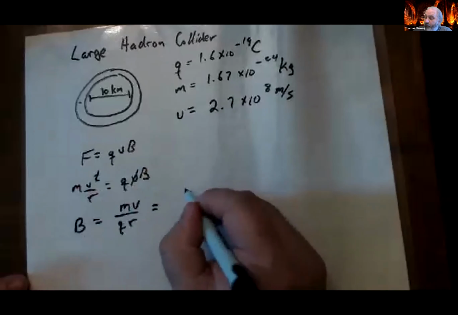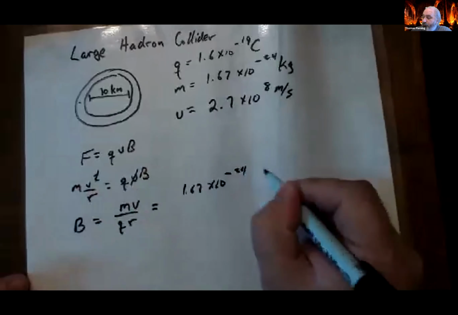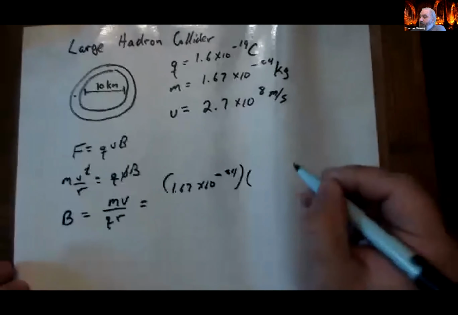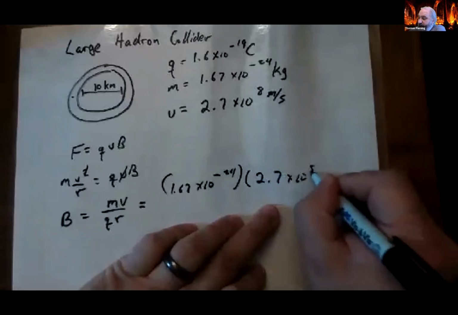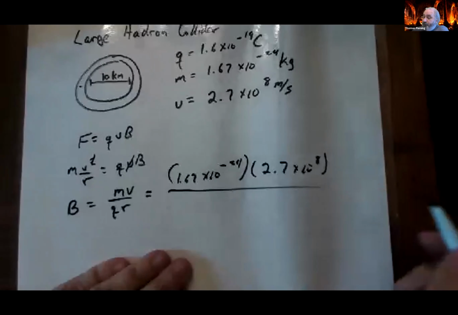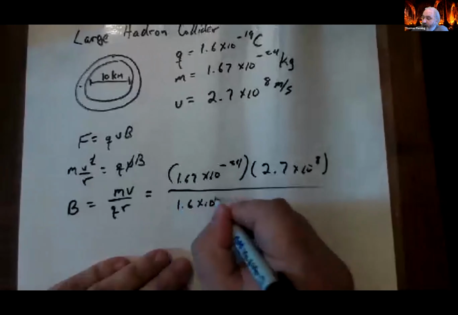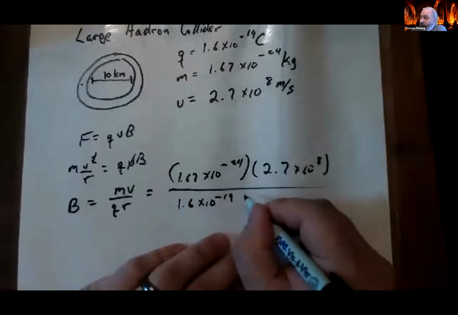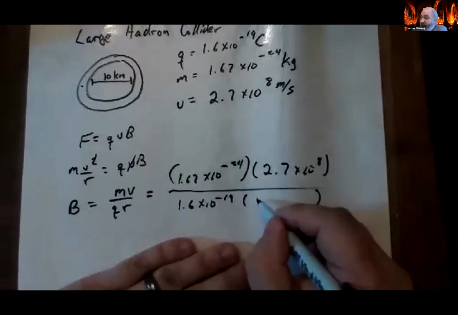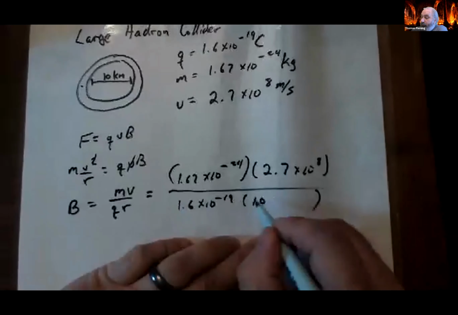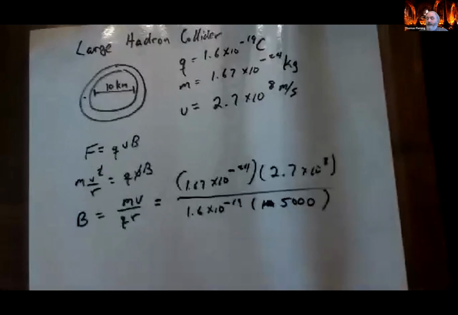So m was 1.67 times 10 to the negative 24th. My velocity, meanwhile, 2.7 times 10 to the 8th. My q is very tiny, 1.6 times 10 to the negative 19. And r is a whopping huge 10 kilometers or 10,000, excuse me, that's d, 5,000. I got to cut it in half, meters.